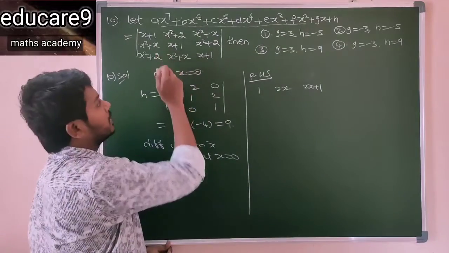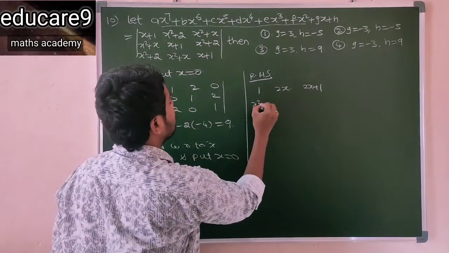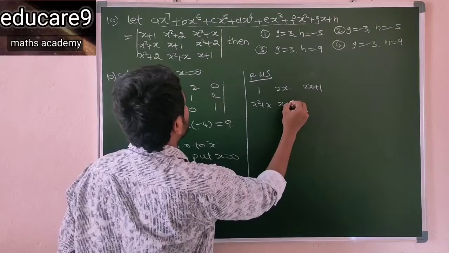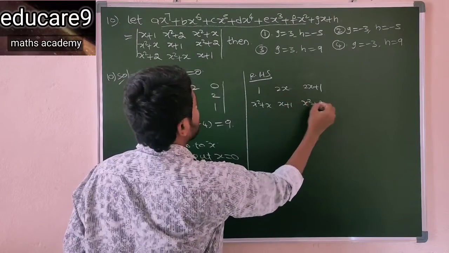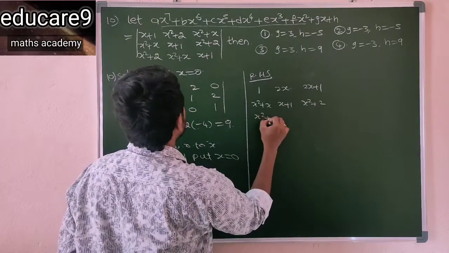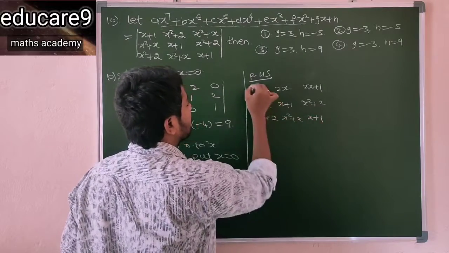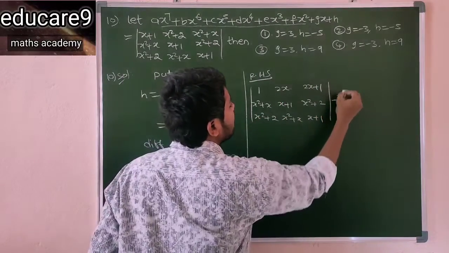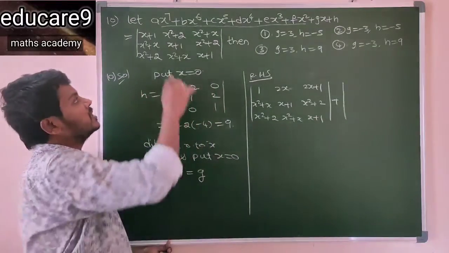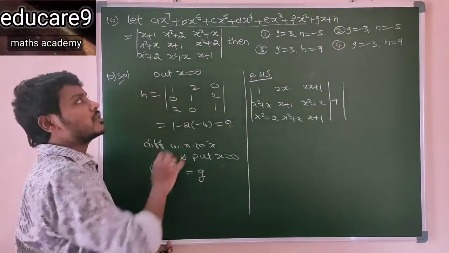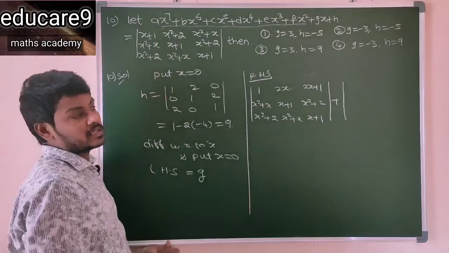This 2 write as is: x square plus x plus 1, x square plus 2. Next, x square plus 2, x square plus x plus 1. So plus the derivative of the second row. So write the first row and third row as is.